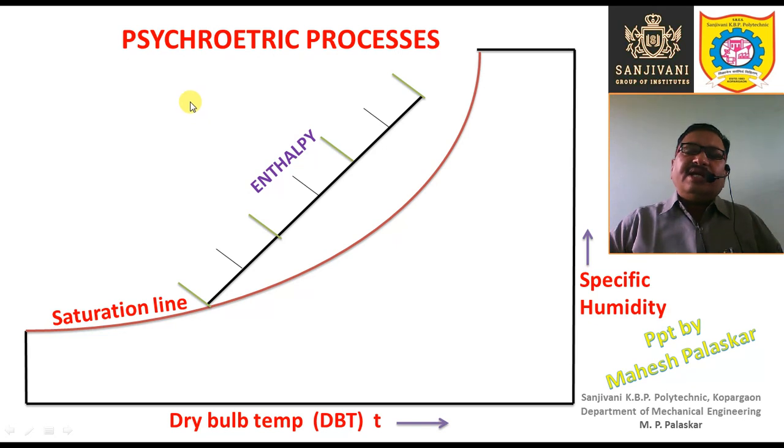Any psychrometric process will be shown on the graph by a line or a curve along with an arrow. The arrow indicates the direction of the process, from the initial to the final condition. The condition or state is represented by a point. So two points are joined.